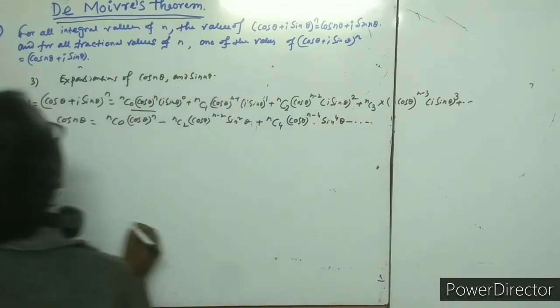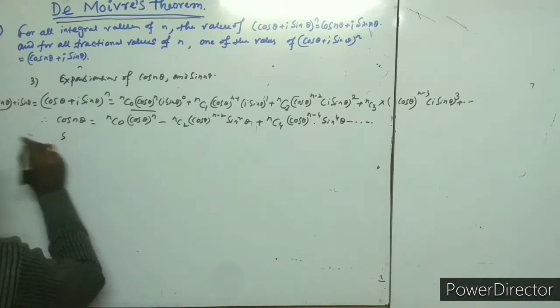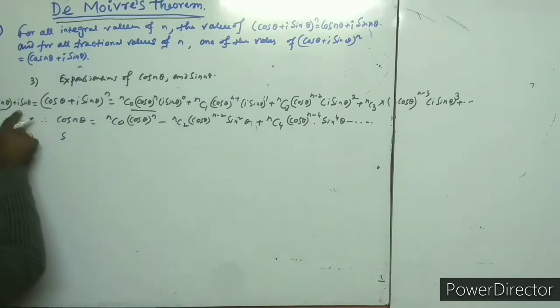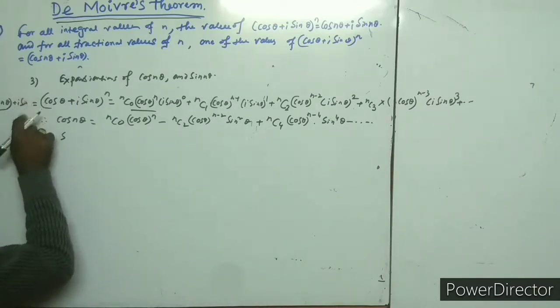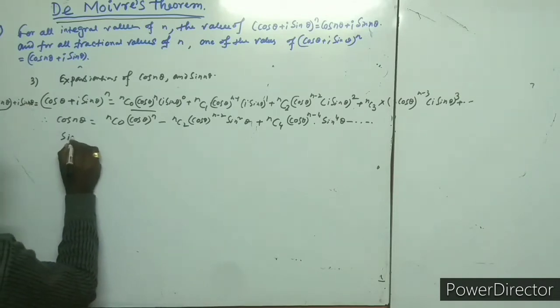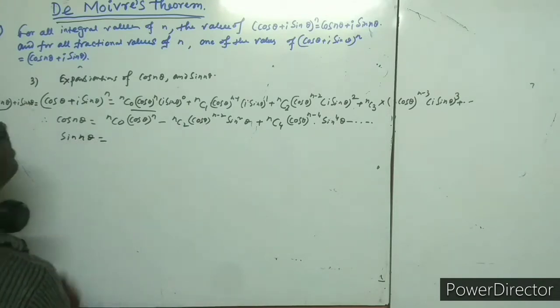and so on. And also you can write by comparing the imaginary part, that is i sin n theta. So we can write here sin n theta.